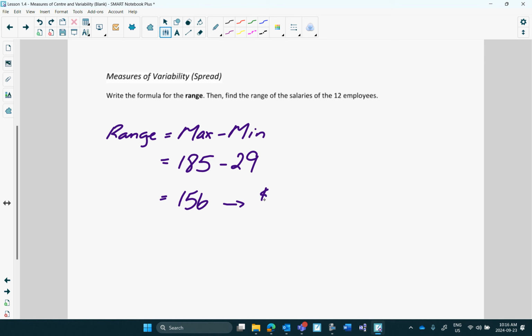Again, units. So you can either do 156 then the word thousand, or just write it like that. Where am I getting these numbers from? They're all based on this. We use the range sometimes, but the next two we use a lot more.